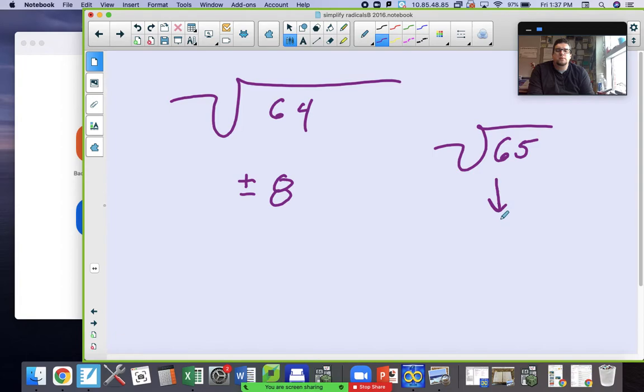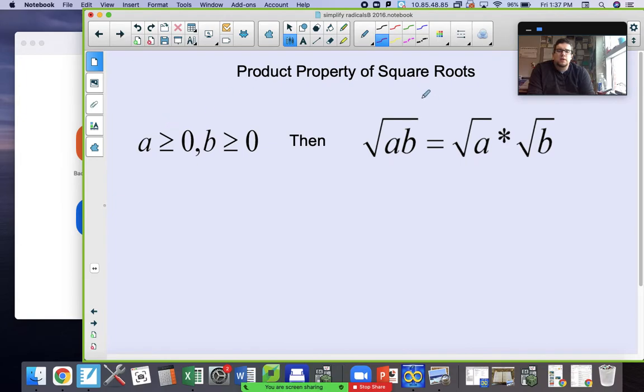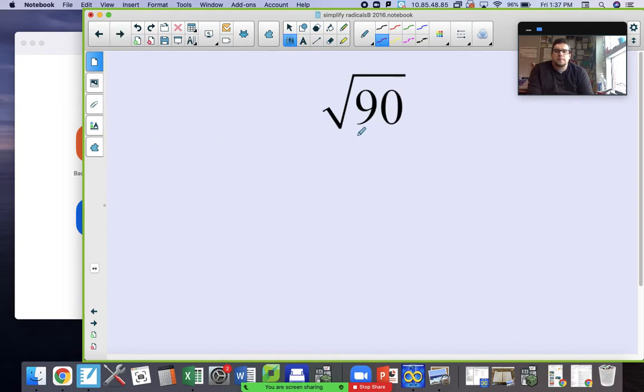We want to simplify it as far as we can. To do that, we use the product property of square roots, and it says that when we have two numbers multiplying underneath the square root, we can split it, one under one radical, one under the other radical. So we get to square root the numbers individually.